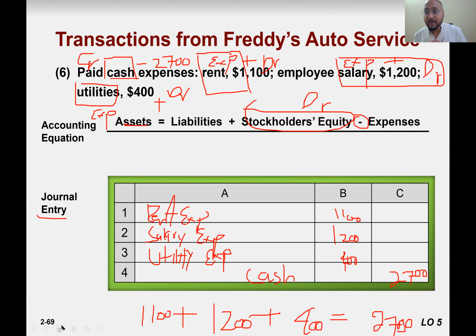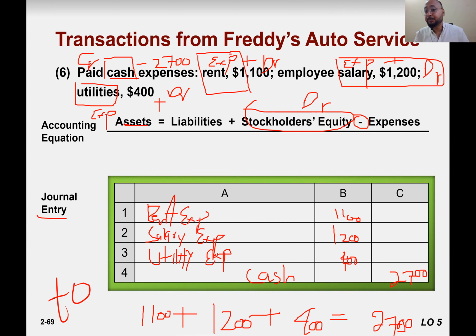Whenever we say the entry, after we say the word to, here comes the credit part. We have more than one debit, so we do not say to between them. We just repeat: rent expense, salary expense, utility expense to cash, right?